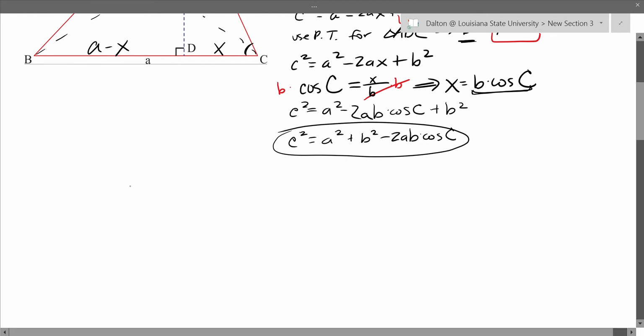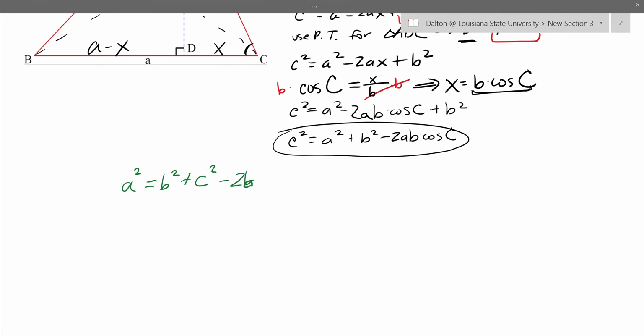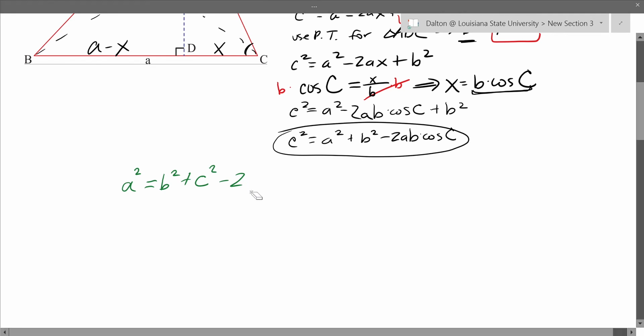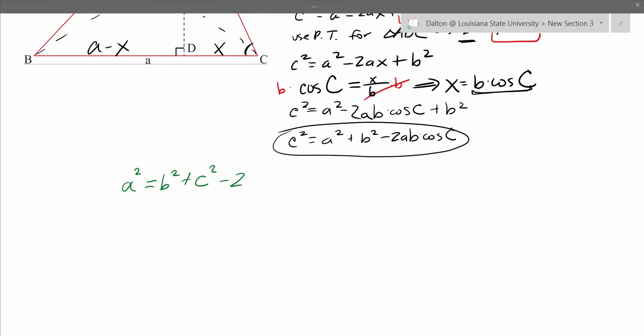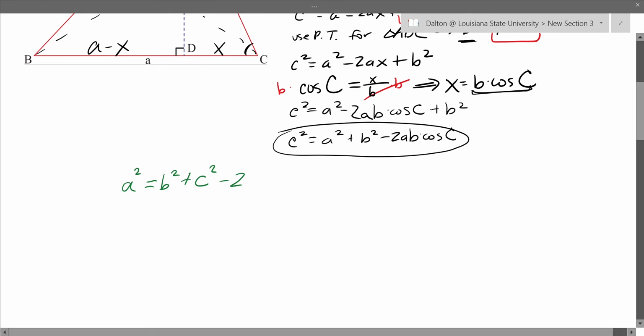I'll write them in alphabetical order. a squared is equal to b squared plus c squared minus 2bc times the cosine of A.